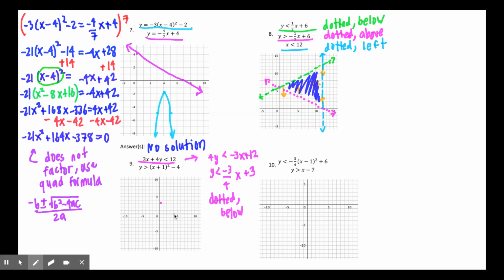So down 3/4. And then shade below. So make little markings.